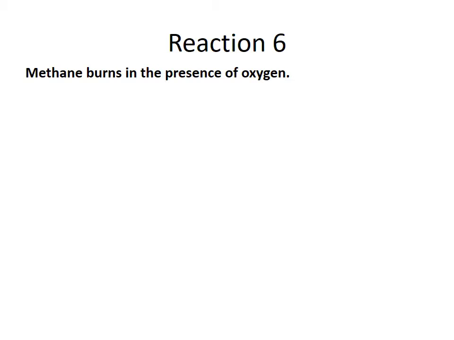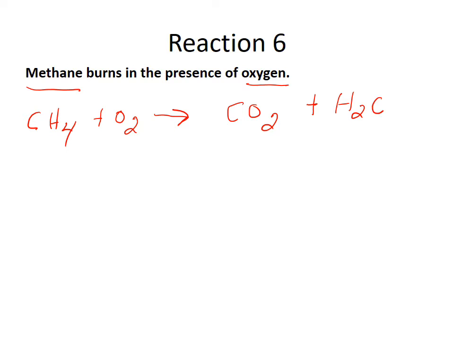On reaction number 6, we're taking methane, which is natural gas. Methane has a chemical formula of CH4. That one I'll give to you because the hydrocarbons can be kind of weird. And we're going to burn it with oxygen, so we're going to add oxygen to it. Anytime you burn a hydrocarbon, you get only 2 products, carbon dioxide and water. The trick is to balance this, of course. If it doesn't balance easily, I've given you a suggestion how to do it, but let's just check to see what we got.